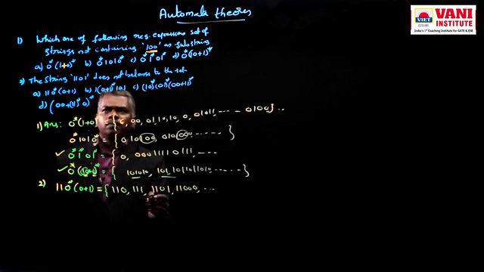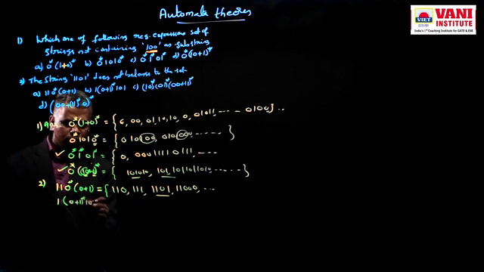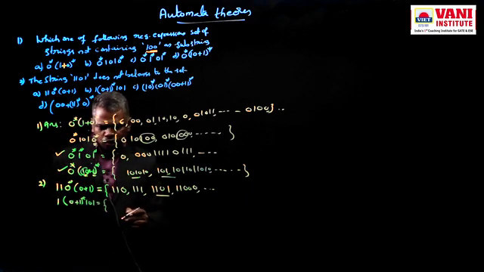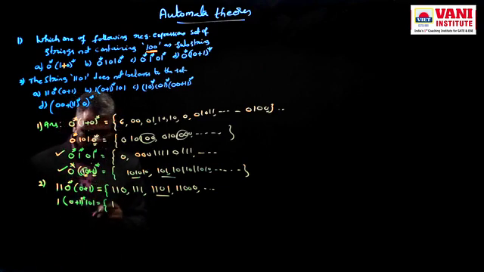Therefore 1 1 0 1 belongs here. Then 1 followed by (0 or 1) whole star, then 1 0 1. If you observe this, the first symbol can be 1.